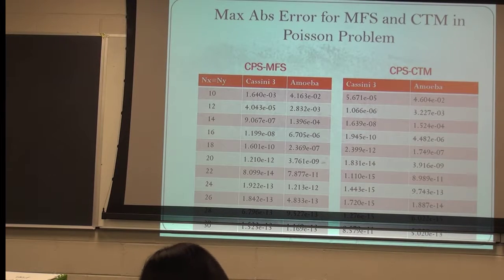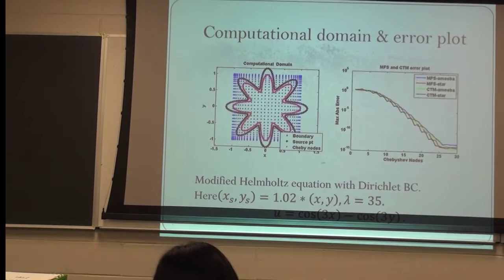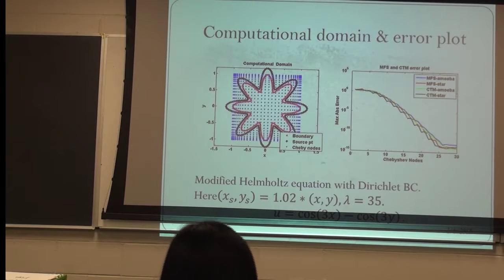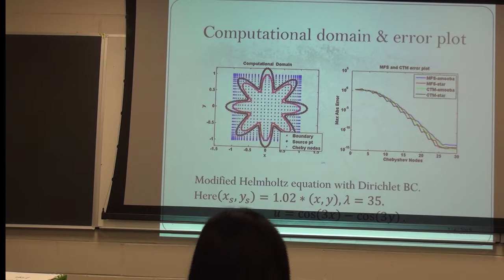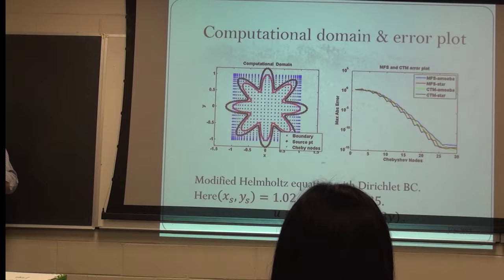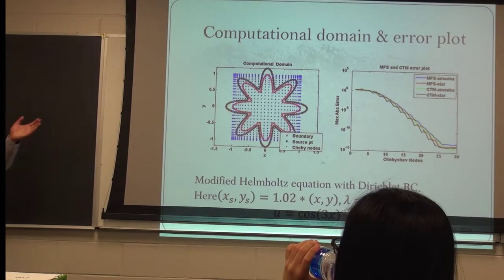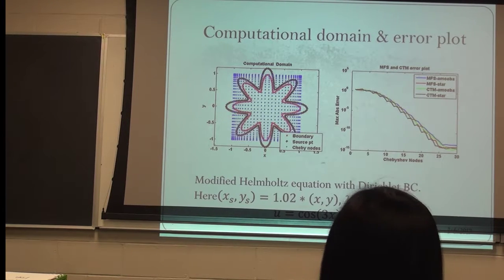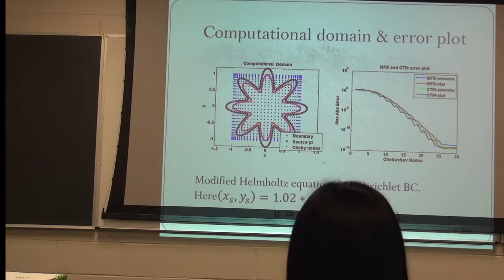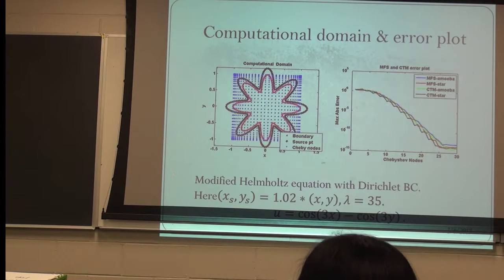Similarly, would that accuracy continue if you have a different partial differential equation? So this is for the modified Helmholtz equation, that's another type. And here, of course, we use another computational domain, a starlike domain.